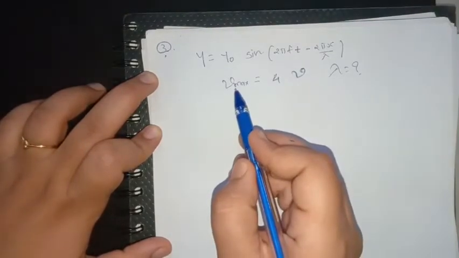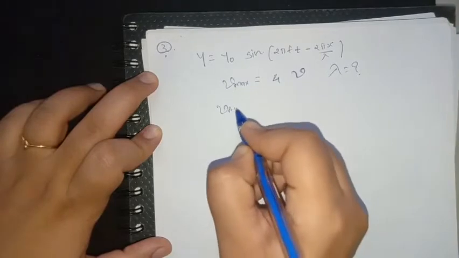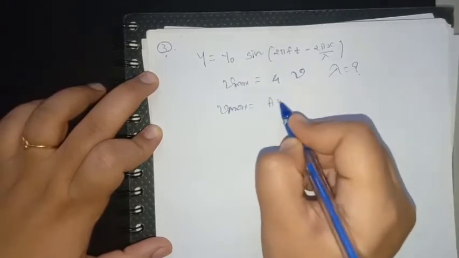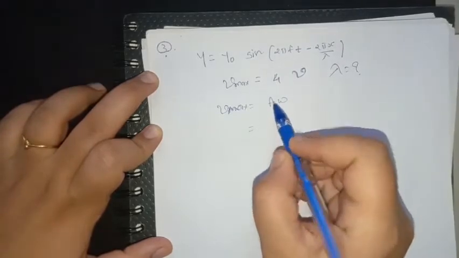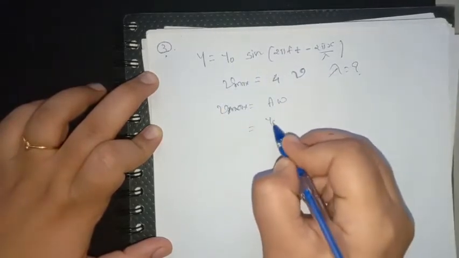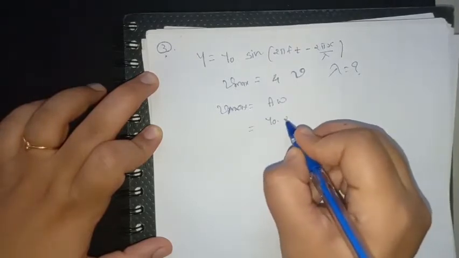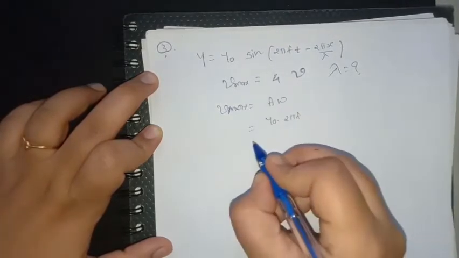here maximum particle velocity can be given as v max equals A omega. Here the amplitude of the wave is given as y naught and omega can be written as 2 pi f.